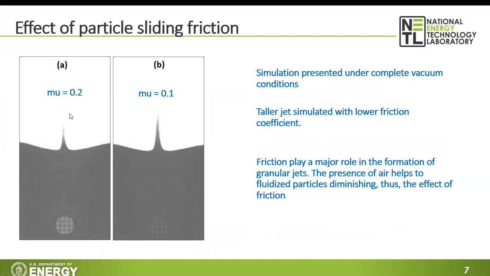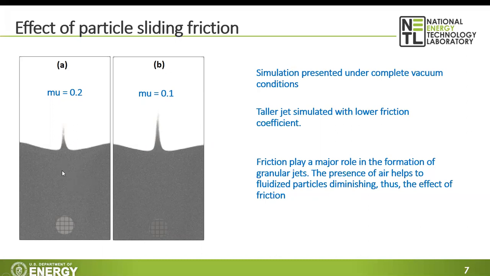We look at the effect of particle sliding friction. As we lower friction, and both of these results were obtained under complete vacuum, we see that we obtain a taller jet. So you can reduce friction either by reducing it for vacuum or by introducing air.